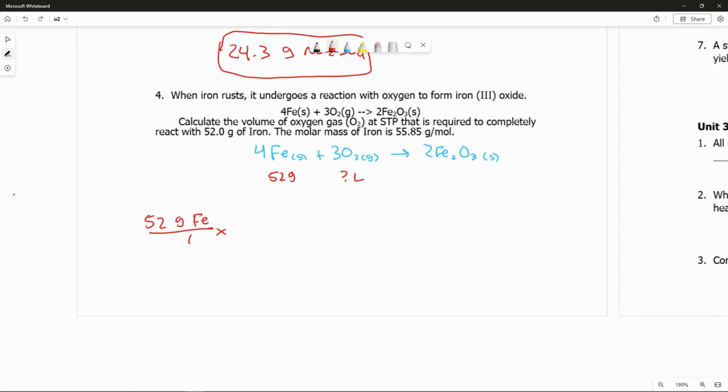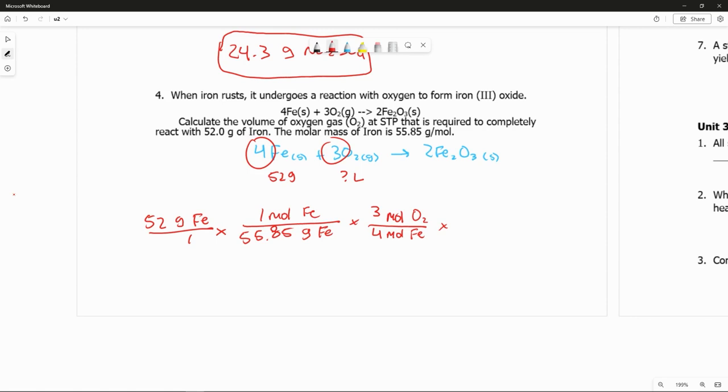So for every 55.85 grams of iron, there is 1 mole of iron. All right, now taking a look at our equation, for every 4 moles of iron, there are 3 moles of oxygen.